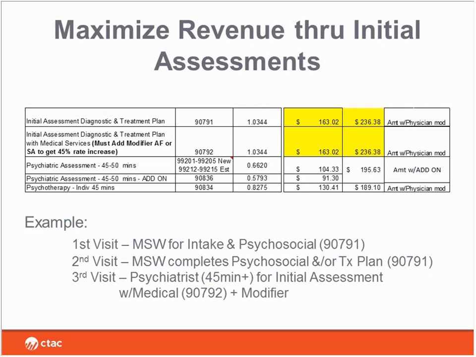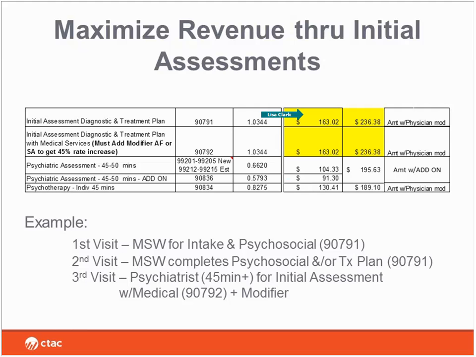So just to further illustrate how much more money you can make off of these assessments, if you look at a psychotherapy, a 45-minute psychotherapy visit will pay $130. This is just one example, and I'm not sure if this is upstate or downstate. But if you do that initial assessment and you bill that 45 minutes as a 90791, now you're making like $33 more on that.